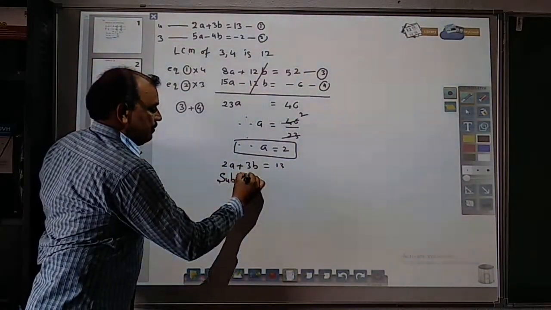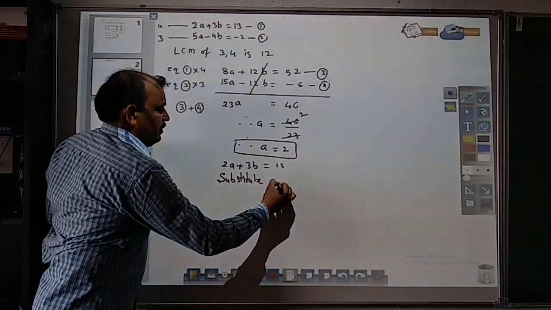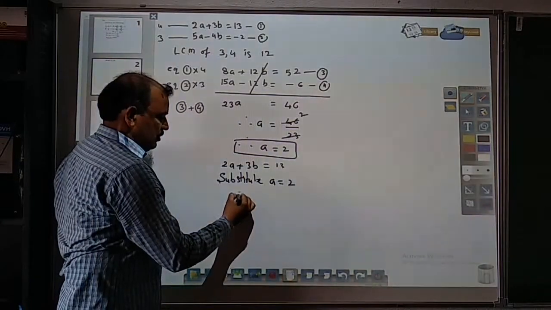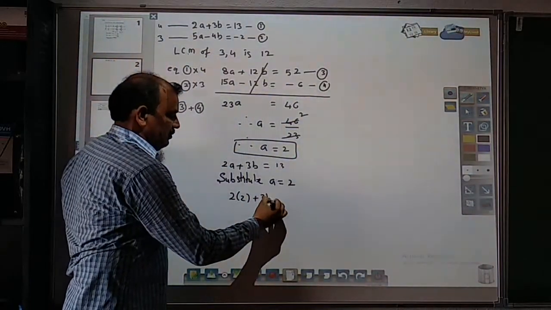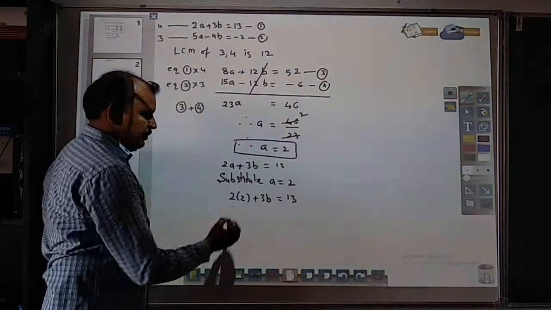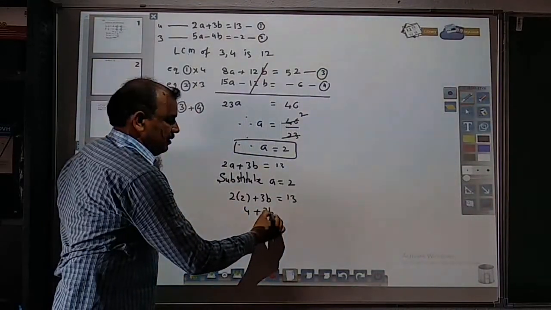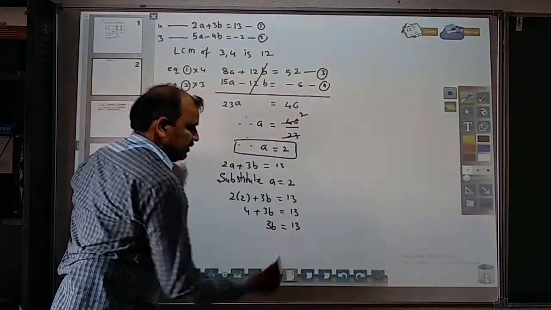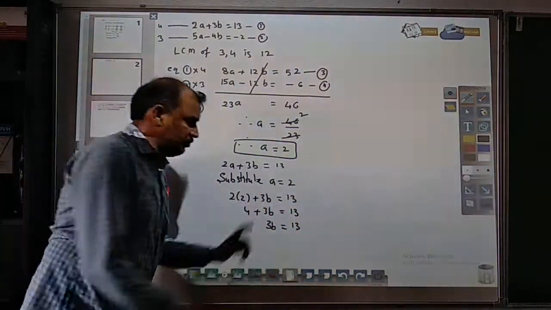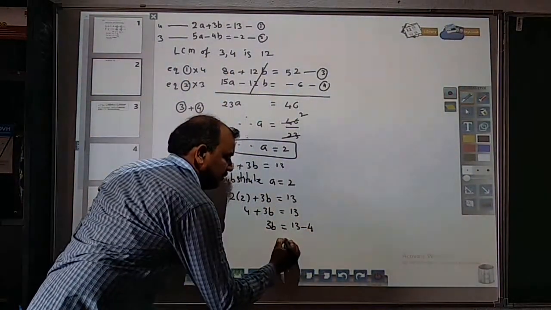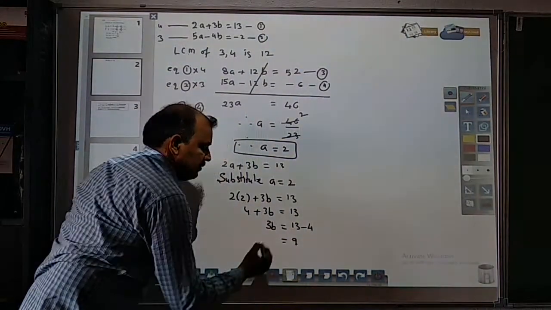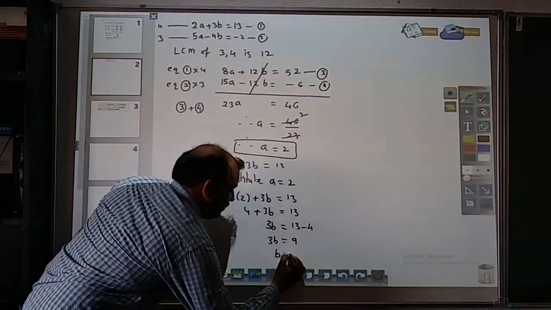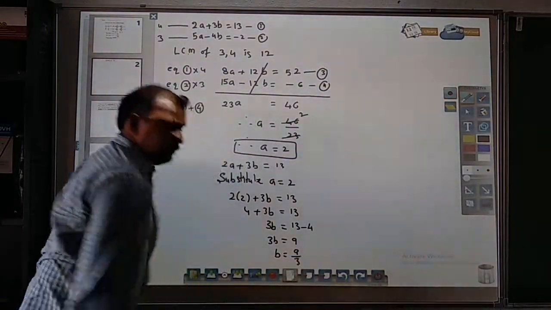Substitute a is equal to 2 in the above equation. 2 into 2 plus 3b is equal to 13. 4 plus 3b is equal to 13. This 4 transposes to the right side, then minus 4. 13 minus 4 is 9. 3b is equal to 9.